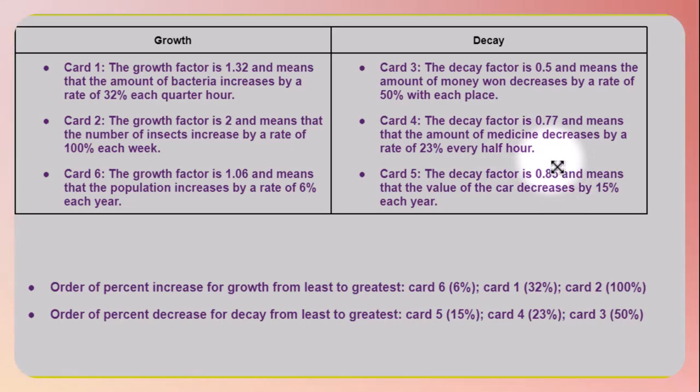If you're asked how much we're taking away, we've got to subtract that from 1. 15% is how much we're decreasing by each year. So we're going to take these cards, these decay factors, and let's look at them: 0.5, that's the smallest, 0.77, and 0.85. Putting them in order from least to greatest.